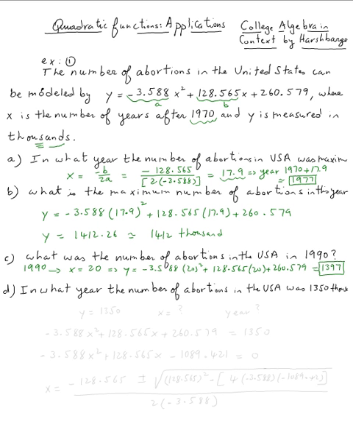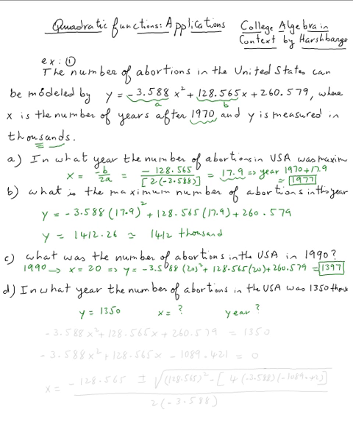Question D, in what year was the number of abortions in the USA 1,350,000? So we know the y is equal to 1350, because y is in thousands, and we're looking for x. Once we find the x, then we can find the year, because x is just the number of years after 1970. So y is given as 1350.